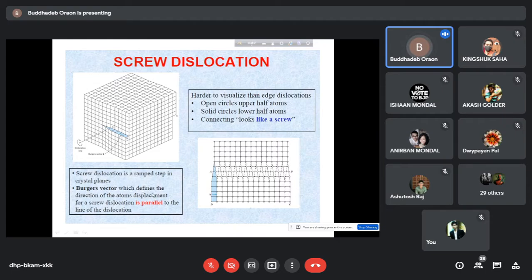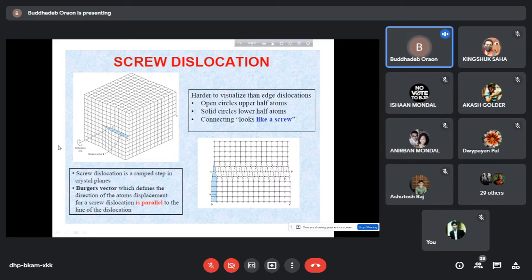The Burgers vector, which defines the direction of the atomic displacement of the screw dislocation, is parallel to the line of dislocation, although the movement is taking place along this direction. The dislocation line has been shown by taking the right hand screw. It is a vector denoted by the right hand screw notation.